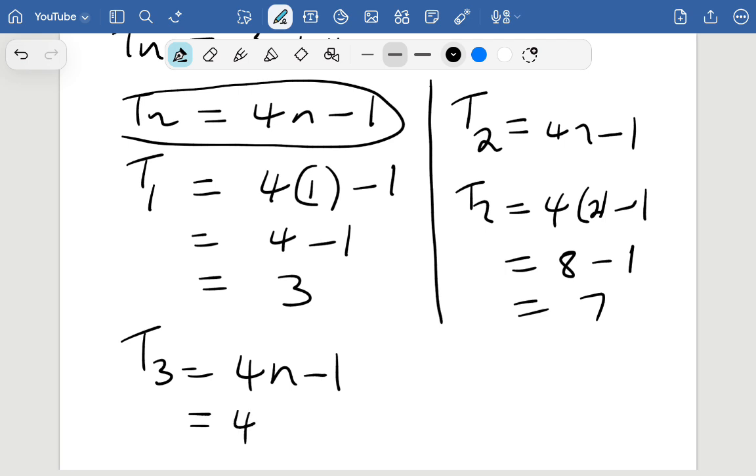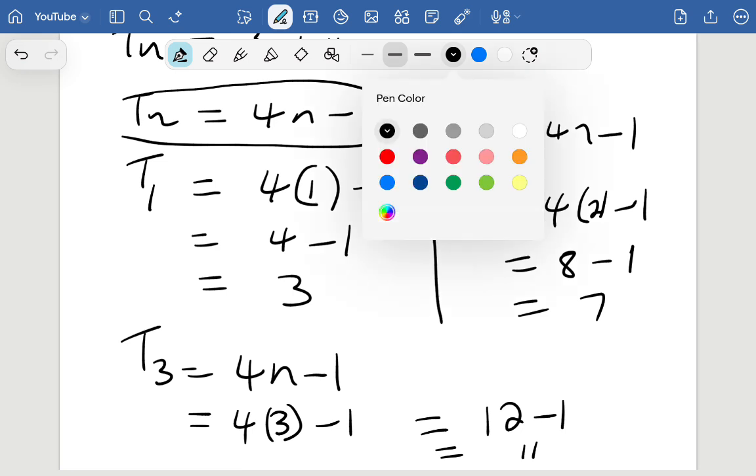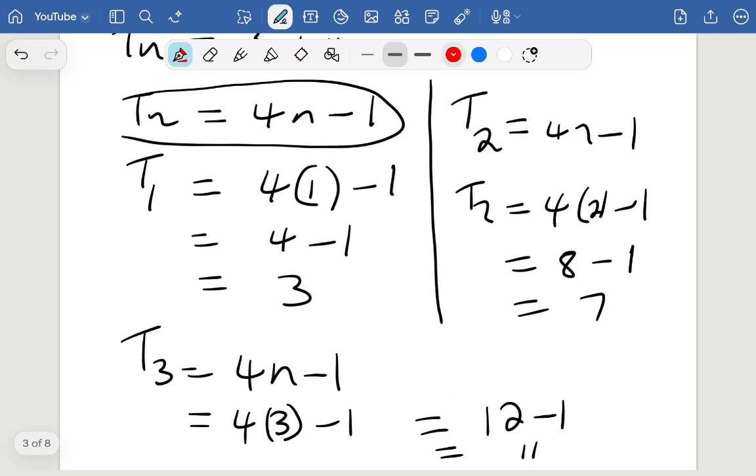Where I see n, I just put 3, minus 1. And the answer here is 12 minus 1, which is 11. So it means our formula is definitely correct. So this is how we do it.